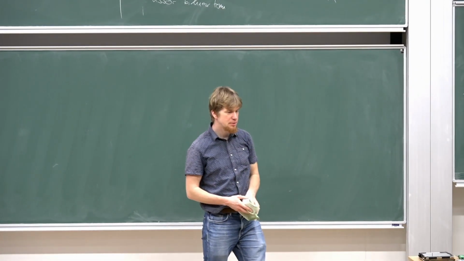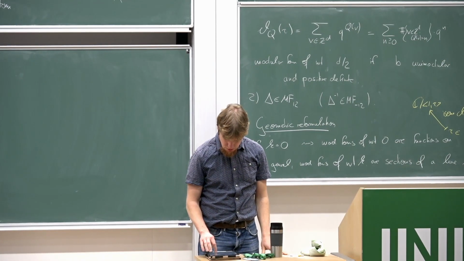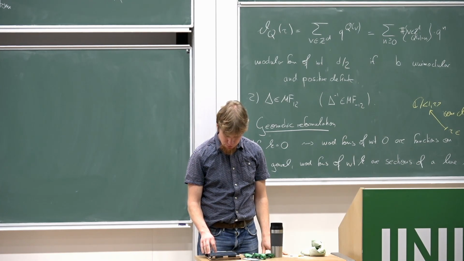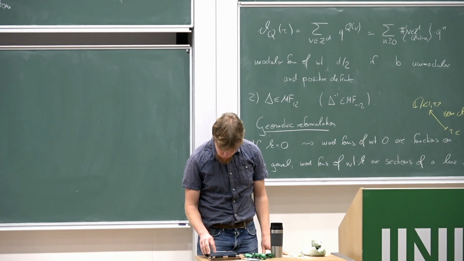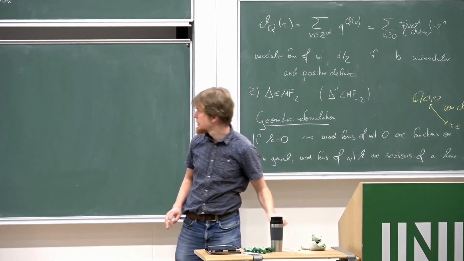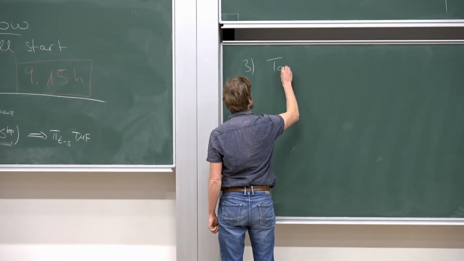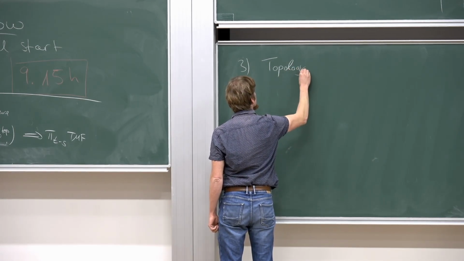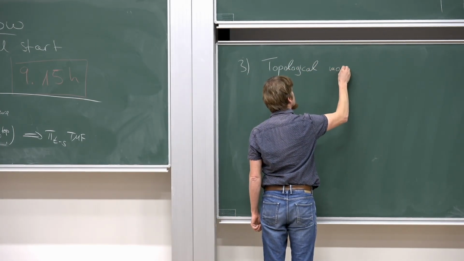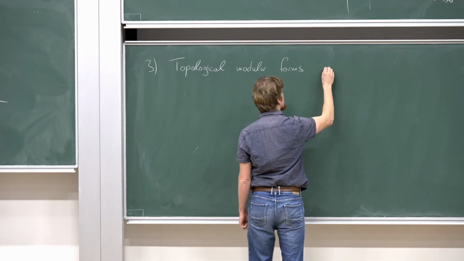I have a completely empty board for that, and I want to tell you one reason why, beyond homotopy theory or chromatic homotopy theory and whatnot, topological modular forms are important. Topological modular forms and quantum field theories.